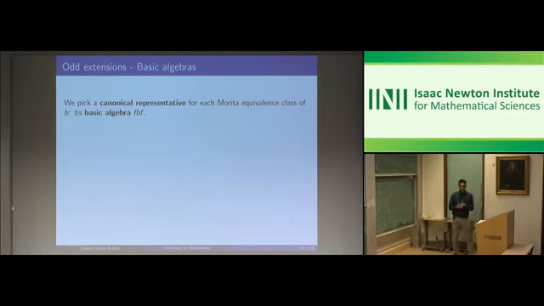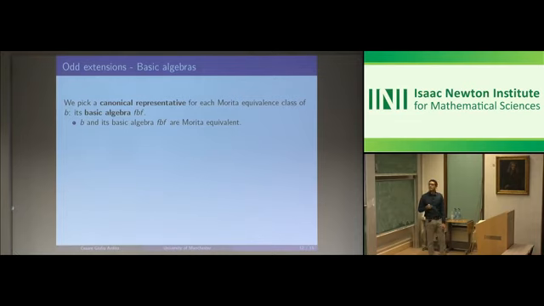We need to pick some canonical representative of the Morita equivalence class, and this will be the basic algebra of the block. I've written it as FBF because it can be specified by multiplying left and right by a certain idempotent. And it was mentioned also in another talk, I don't remember which one: if you have two Morita equivalent blocks, then the basic algebras are isomorphic.